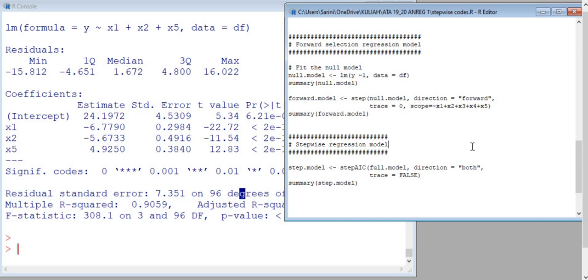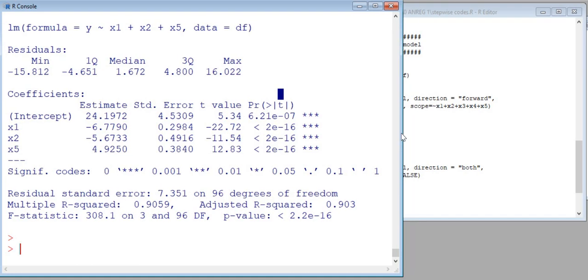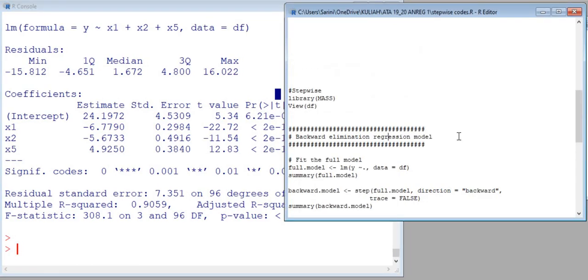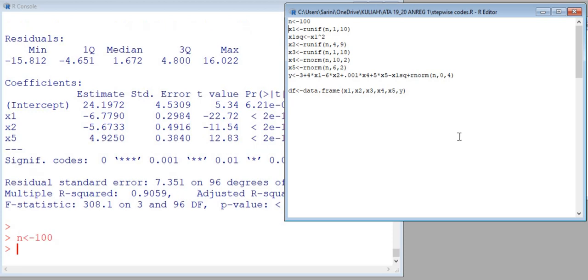So why do I say that this result is not the best one? Because, as I told you before, this is hypothetical data, and this is how I generated the data. Let's just generate it again if you'd like to.